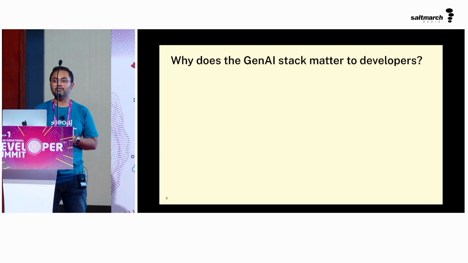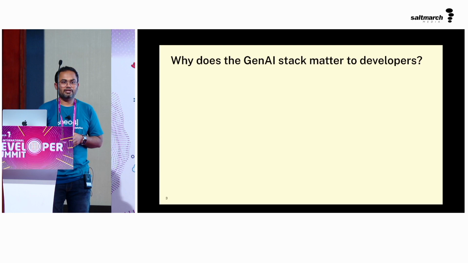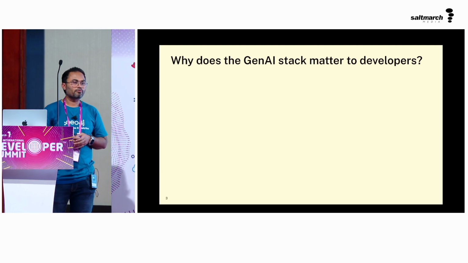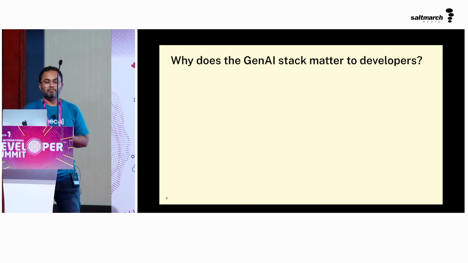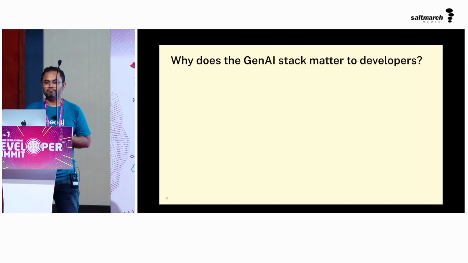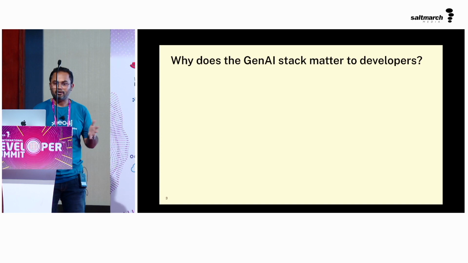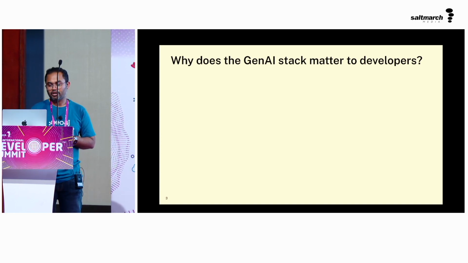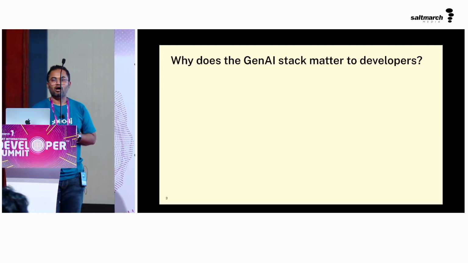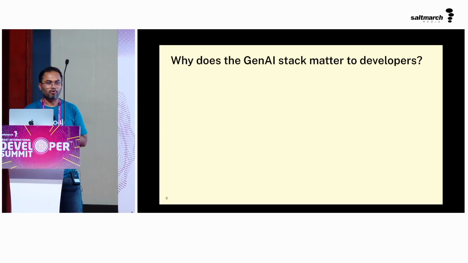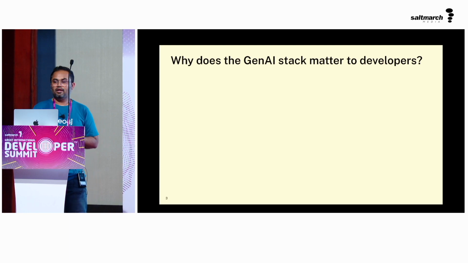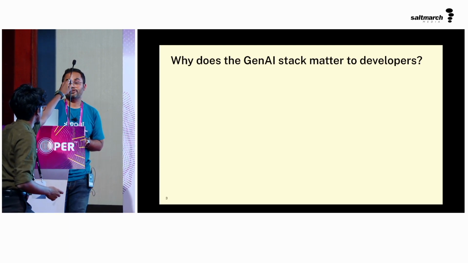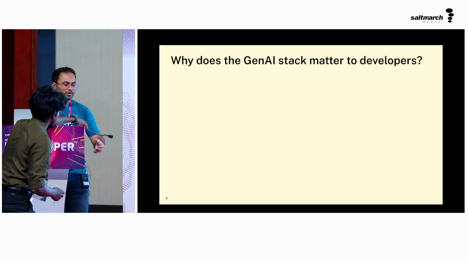It is already proven, and it is changing the way we interact with machines, making it more human-like. And by understanding the GenAI Stack, you as a developer can open up endless opportunities and see how you can change how you interact with machines, how you work, how you can increase productivity, how you can leverage GenAI to generate code, and so on and so forth.